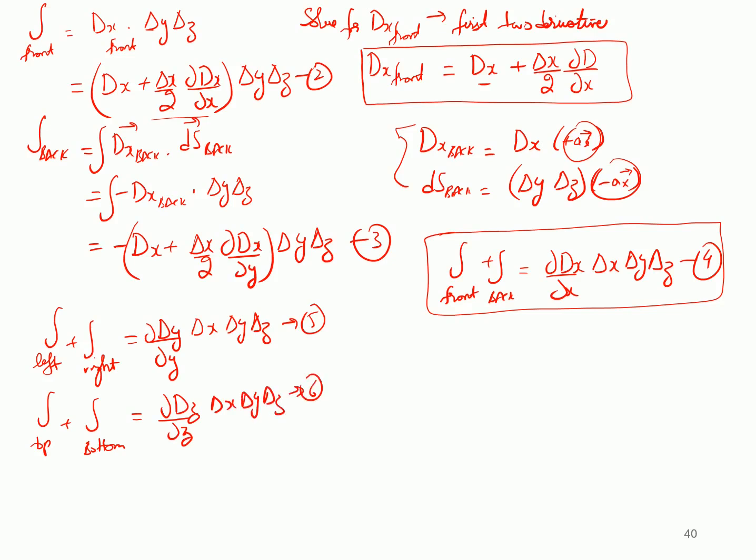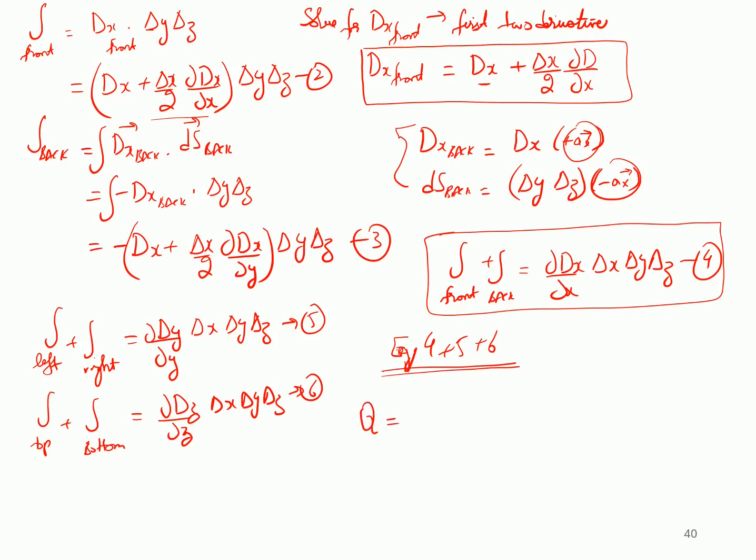Now I need to add all the equations, that is equations 4, 5 and 6, to get a single equation out of this. So adding all these equations, I can get the final equation for asymmetric Gaussian surfaces as such.